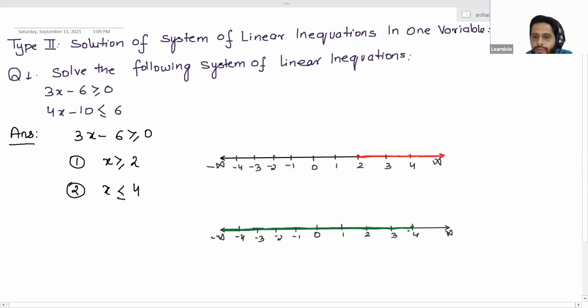Okay, now Joan, can you tell me in these two what is the common solution you are getting? Just 1, just 2. Joan, in these two number lines, what is the common solution you are getting?